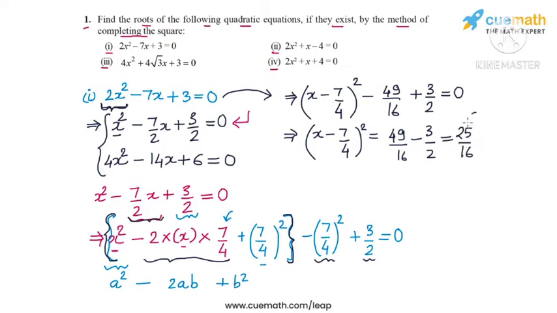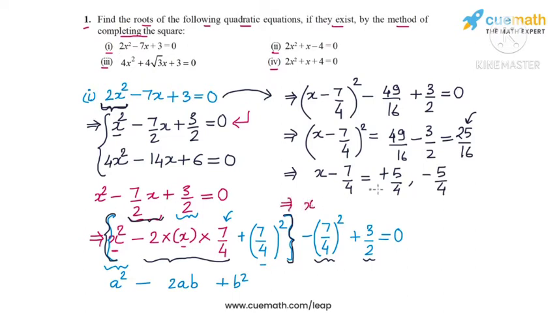You can now see that this is a perfect square of a rational number. If I take square roots on both sides now, I will get x minus 7 by 4 is equal to plus 5 by 4 and minus 5 by 4. Finally from here we can find the value of x.